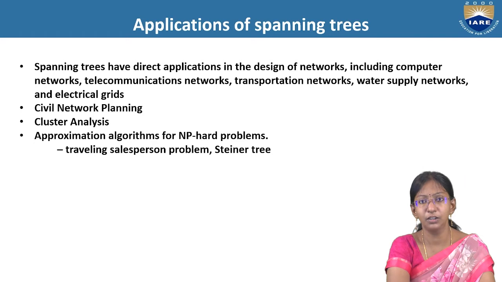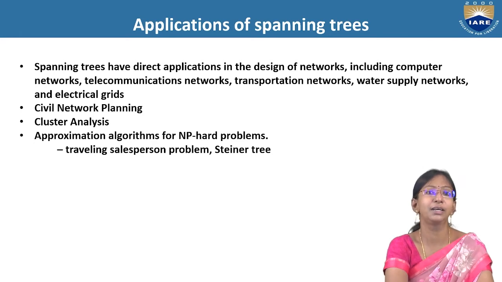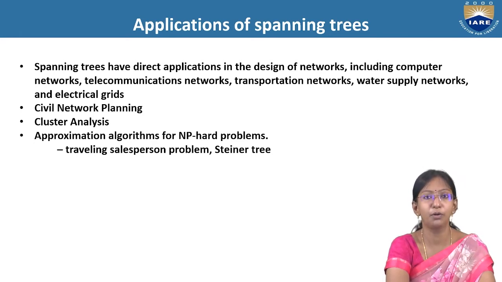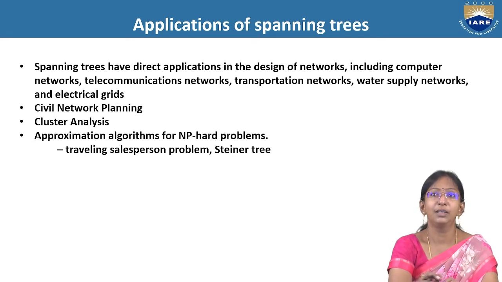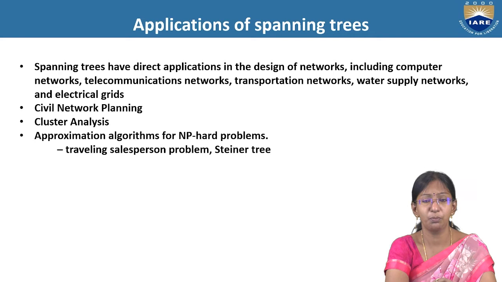If there is a connection between things, we can bring a graph of it. It is a form of a graph. It has its own topology, right? So transportation networks, water supply networks, everywhere.